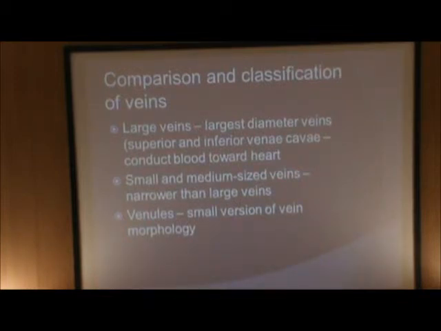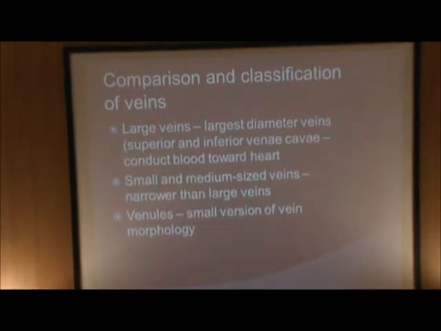Large veins, for example, superior and inferior vena cava, small and medium size, they are narrower than large veins and venules. This is small version of vein morphology. And here we have cross-section of veins. Veins have a large, irregular lumen.